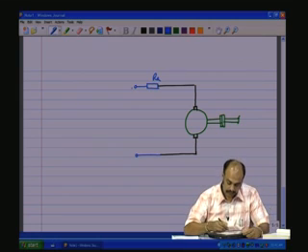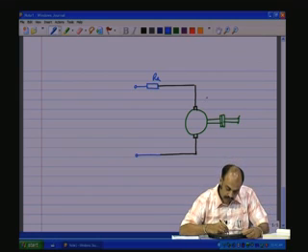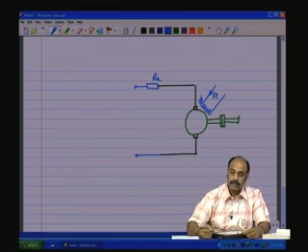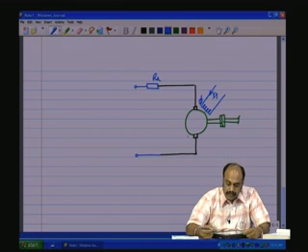So, this is the motor. Here we have the field coil also, and I will indicate that there is a field current IF flowing through the field coil to give a flux phi. So, phi is set up in the field.